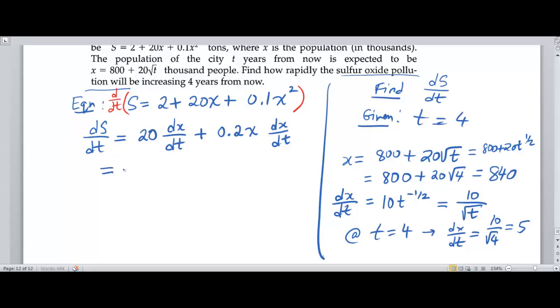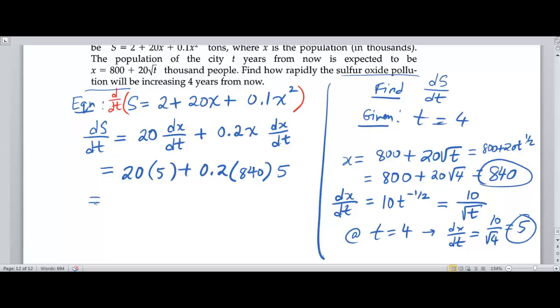So now I get 20 times dx/dt, which is 5, plus 0.2, x is 840, let me circle these, you need these values to plug in. And again, dx/dt is 5.